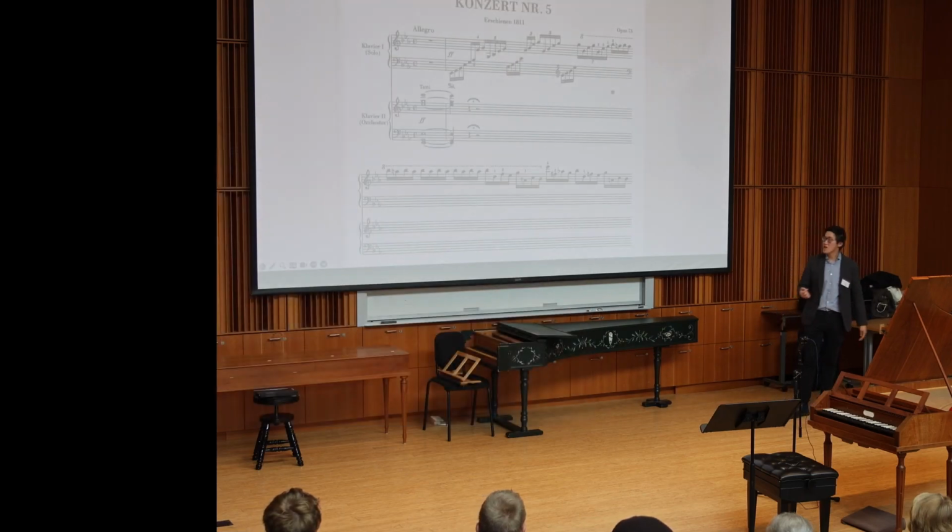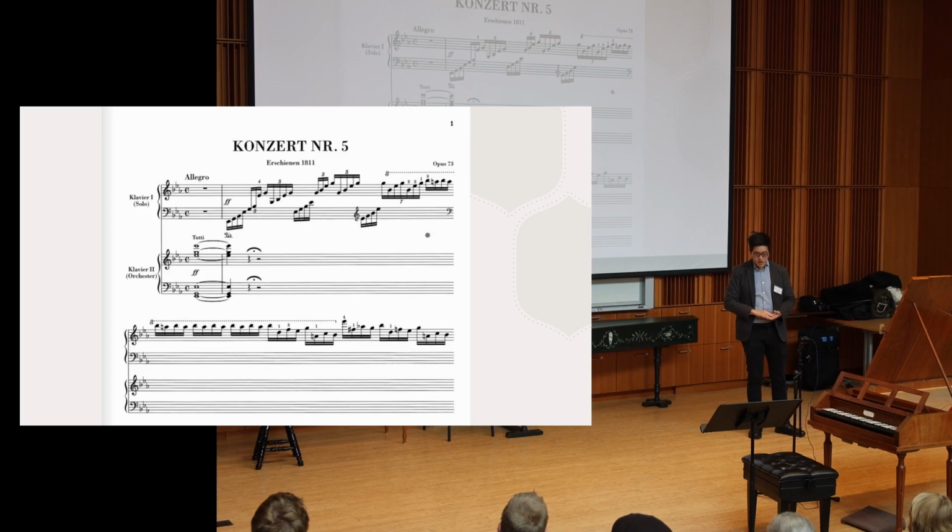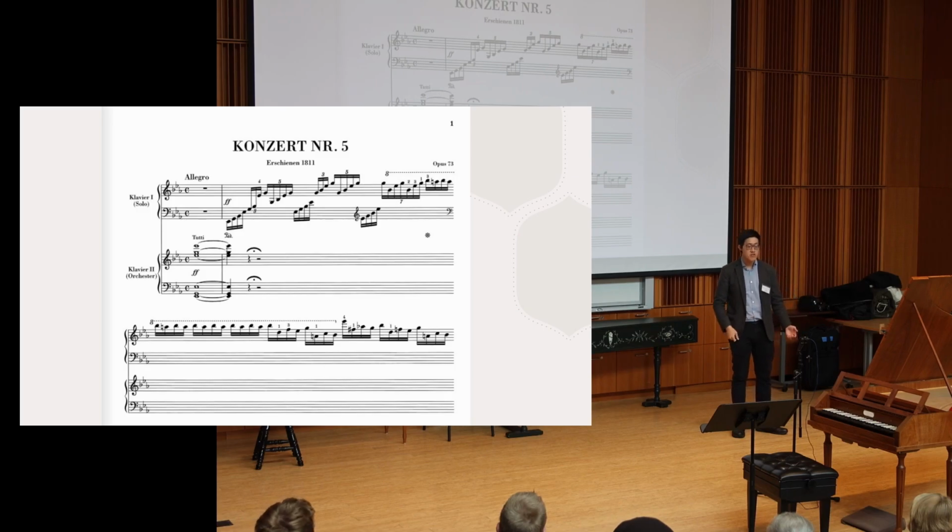When you come to Beethoven, it becomes a more heated argument. So this is the version for Beethoven's Piano Concerto No. 5 in E flat major by Henle. Nothing is written in the solo part, and the editors argued that in the manuscript of the fifth concerto, Beethoven was actually teaching his student Archduke Rudolf about the piece, and he wanted him to be the one to premiere the piece because at that time Beethoven's hearing was declining.